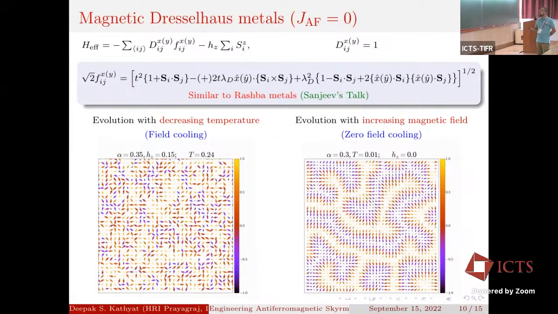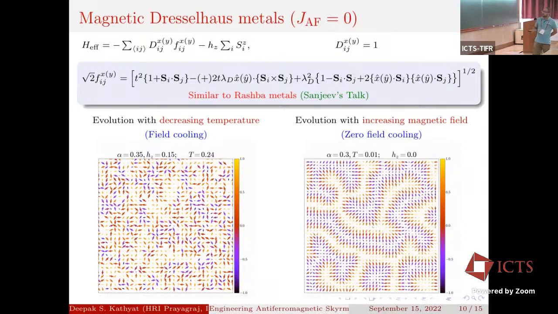First we simulate this by classical Monte Carlo simulation for the case when the antiferromagnetic coupling is 0. So the Hamiltonian is this, and we put Dij equals 1. This Hamiltonian for the Dresselhaus case looks similar to the case of Rashba metals, which Sanjeev also talked about in his talk.